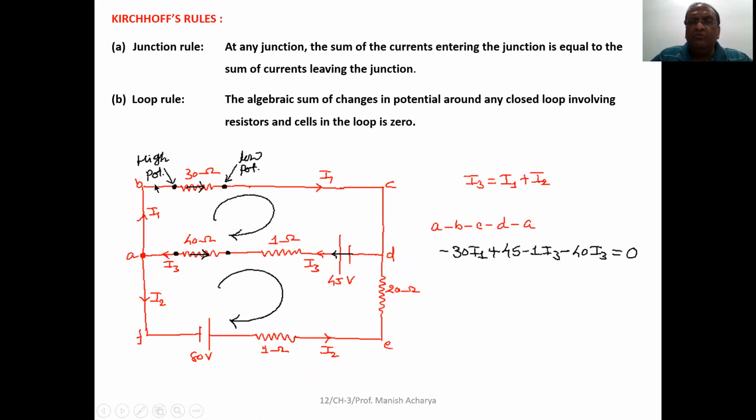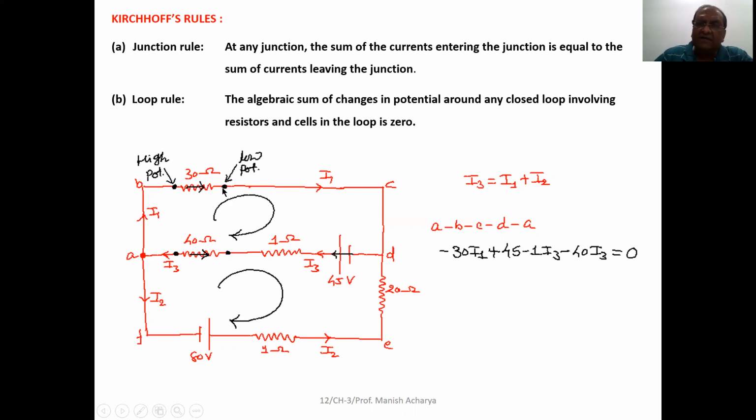Now when we move from B to C, first the high potential terminal is there, and then the low potential terminal. When we take the potential difference, difference means final minus initial. So for the first terminal, the initial potential is high potential.